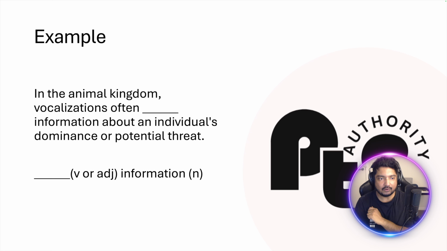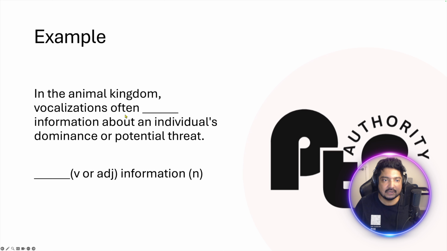Now if you look at the usage of the blank in the sentence, vocalizations often blank information. If you substitute this blank with an adjective, for example, critical, vocalizations often critical information about an individual's dominance. It doesn't make sense, does it? So the option here should be a verb. Vocalizations often convey information.